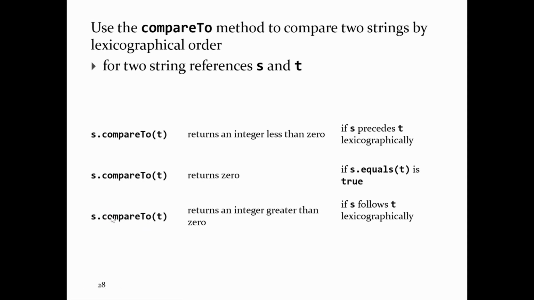And finally, if S.compareTo(T) returns a value greater than 0, it means that S comes after T in the dictionary. For compareTo, if you get 0, then it means S is equal to T. That's not always true for other types, but for strings, it is true.